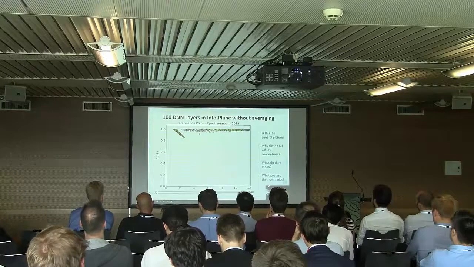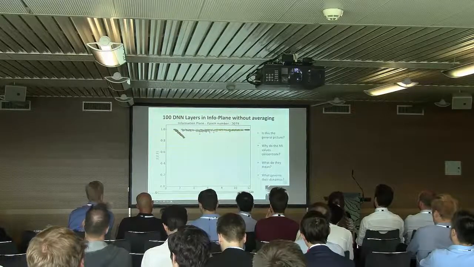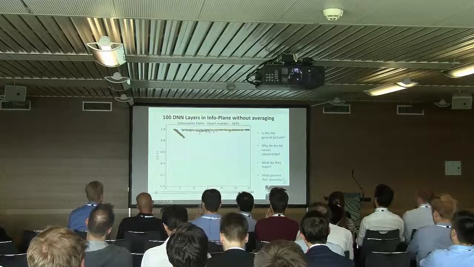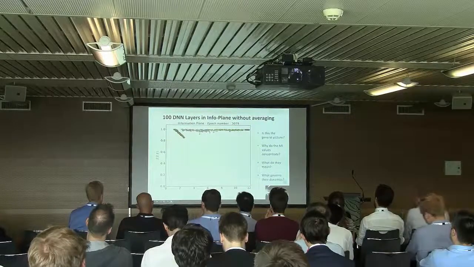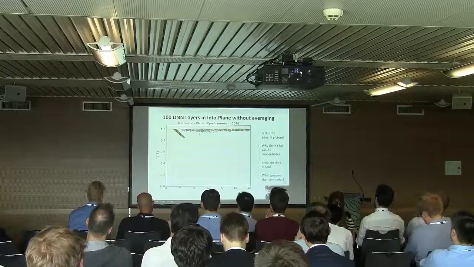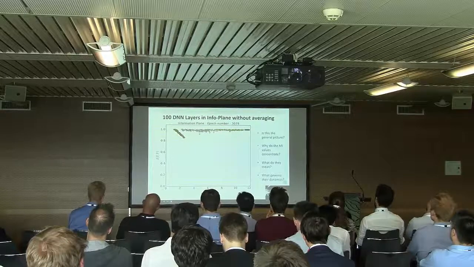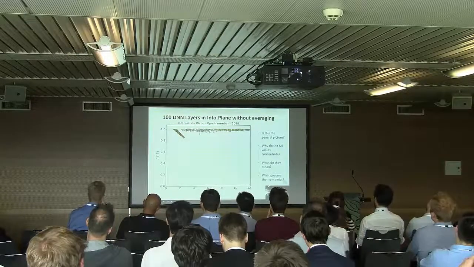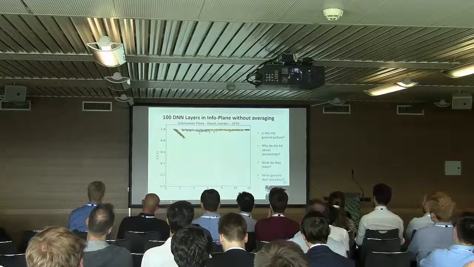And I(T;X), the compression, how much information each layer remembers about the input, essentially governs what this network represents and how many examples I need in order to achieve this representation.